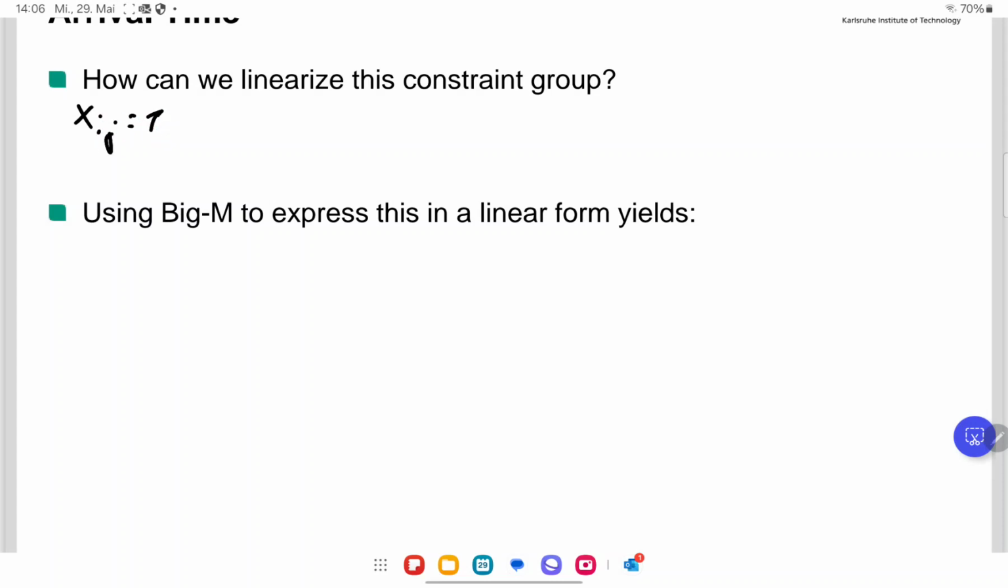What does it mean for this constraint? That means the starting point at j for vehicle k is at least u_ik, the starting point at i, plus the service duration at node i, plus the travel time between i and j. And here we should multiply it with x, and for the case that this is 1, that means we can delete that.